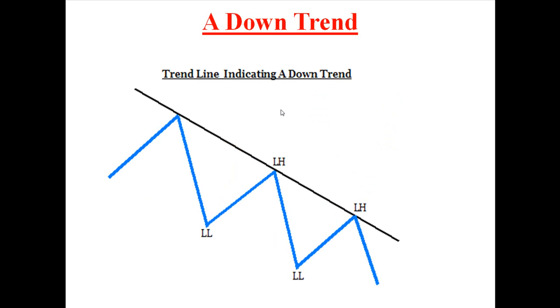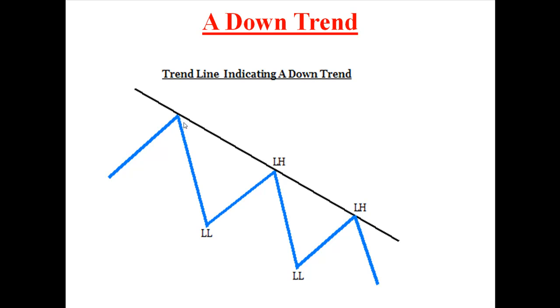Now here is a trend line indicating a downtrend. See, the market is coming down. You are getting lower highs, okay, and lower lows. This low is lower than this, and this low is lower than this. This high is lower than this, and this high is also lower than this one.